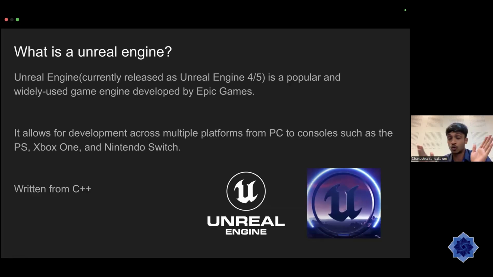Not every language is written from C, but many of the language constructs are built on top of C. So C is a very optimized, fast language. When it comes to computer game development, we need this sort of optimized software to have better performance. So anyway, Unreal Engine was written in C++.